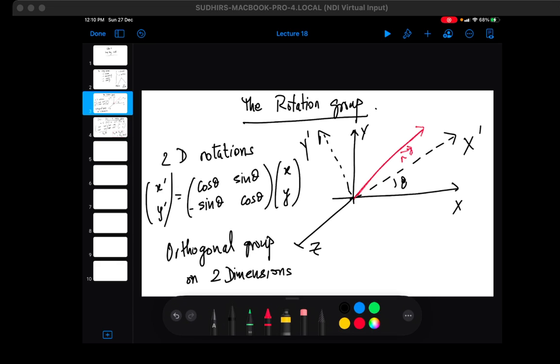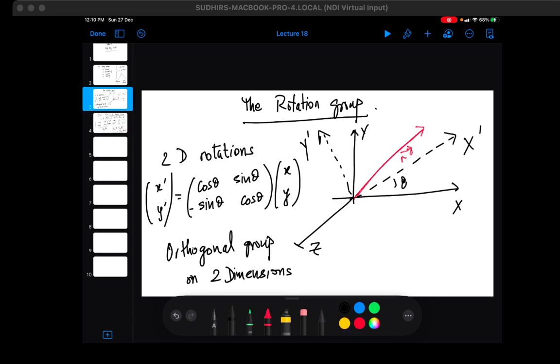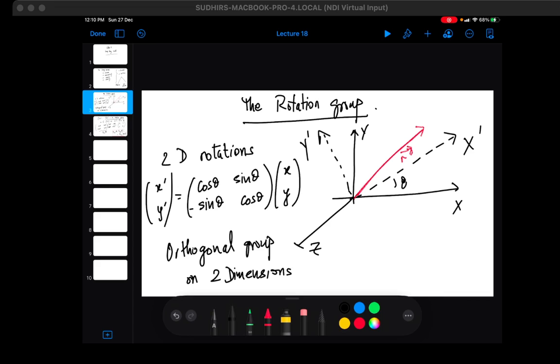So there is also an inverse transformation which is possible. So this is quite nice and understandable in the case of 2 dimensions, and it's an abelian group.